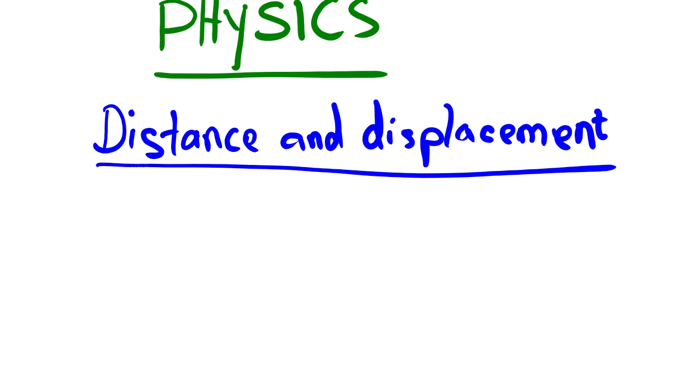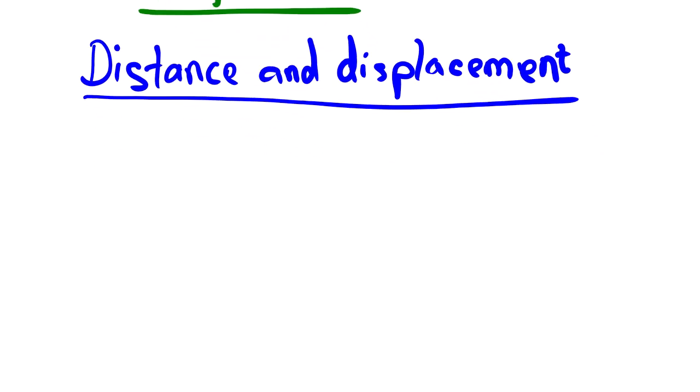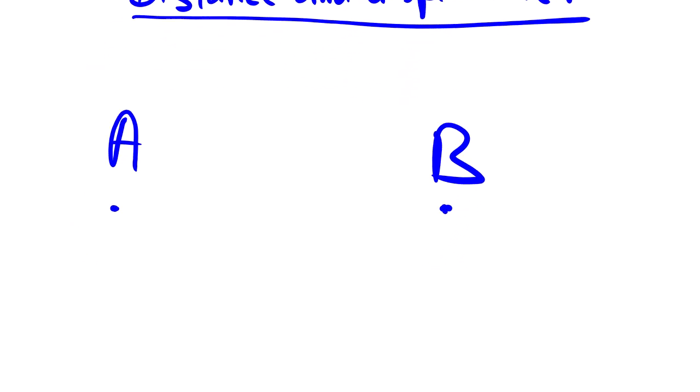For the layman, when we say distance, it simply means the extent between 2 points, let's say point A and point B, as we always give as example. Point A and point B, we can say this is the distance between them.